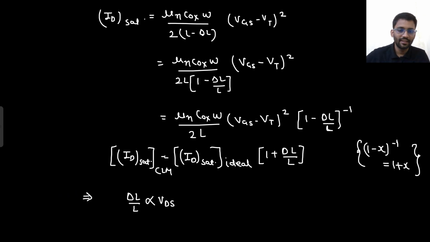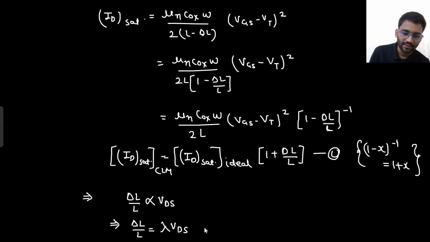So delta L by L is proportional to VDS. If you remove the proportionality constant, you get delta L by L equals lambda VDS. This is equation 1. This is equation 2. So here delta L by L you can put here.